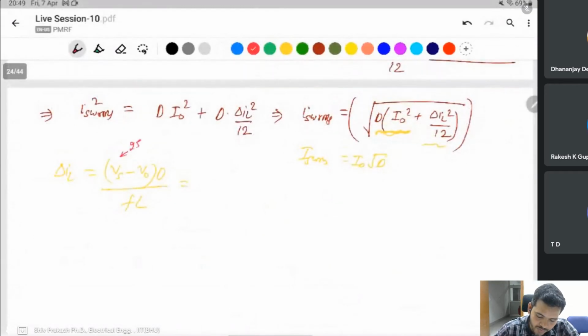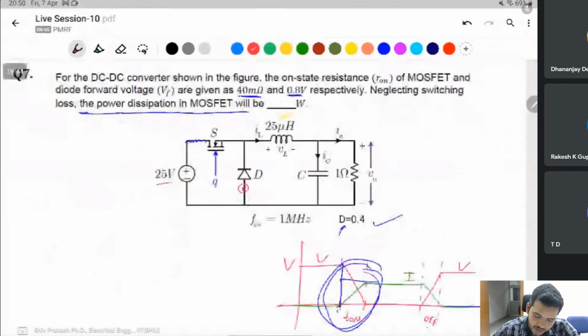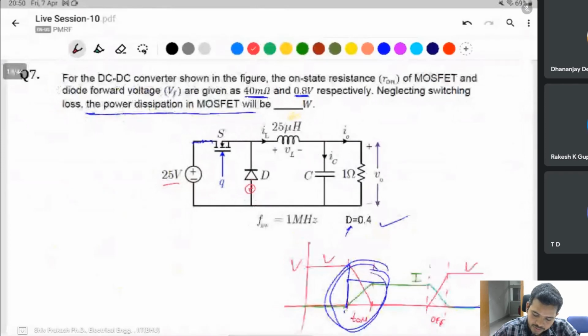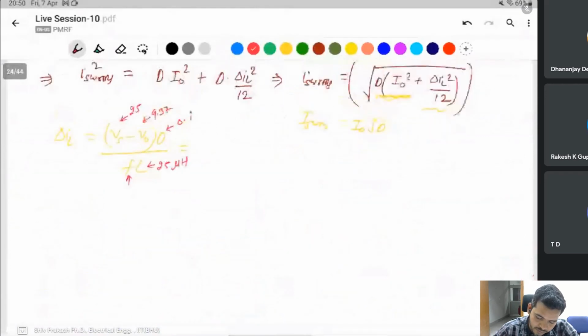This one is 25. This one is 9.37. The duty ratio is given as 0.4, I think. The inductance is 25 microhenry. The frequency is given as 1 megahertz. Then calculate this one: 1 megahertz is 10 to the power 6, into 25 into 10 to the power minus 6.